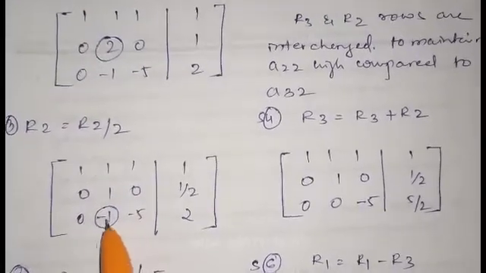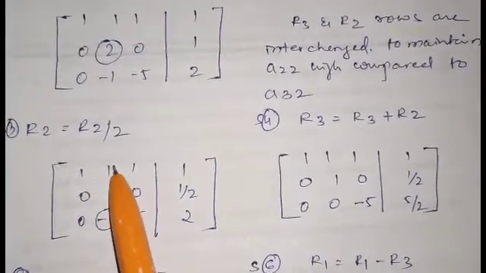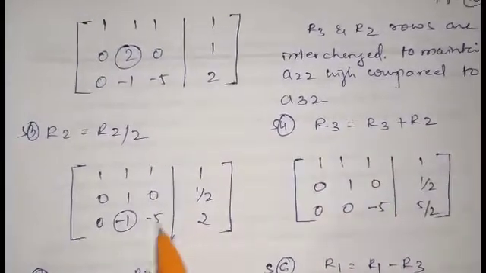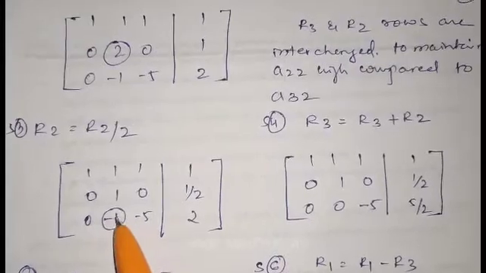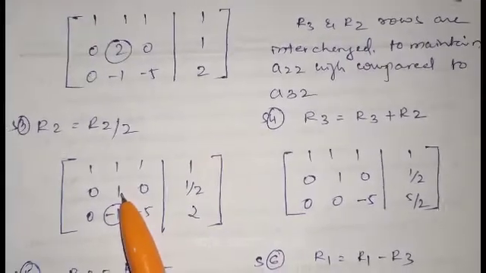If I take R3 plus R1, you can make this 0, but again this element will become disturbed. That's why we should go for the R2 row.